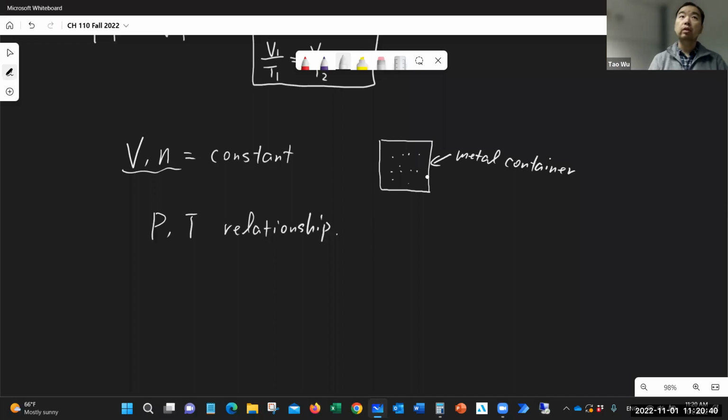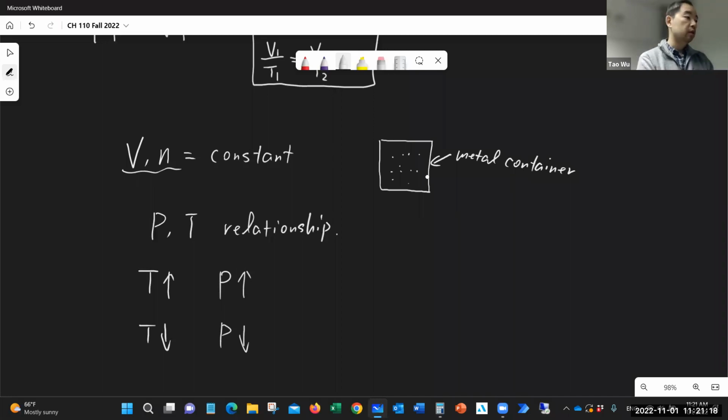In other words, the molecules keep hitting the wall, and the pressure gets higher. So the temperature increase makes the kinetic energy of the molecules go higher. If you increase the temperature, obviously the pressure of the gas will also increase. If you decrease the temperature, the pressure will also decrease.